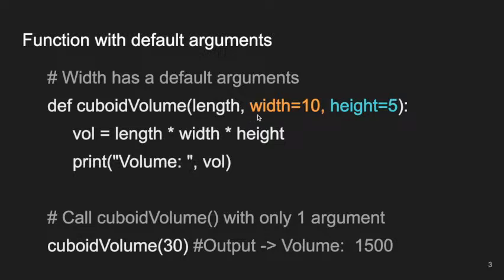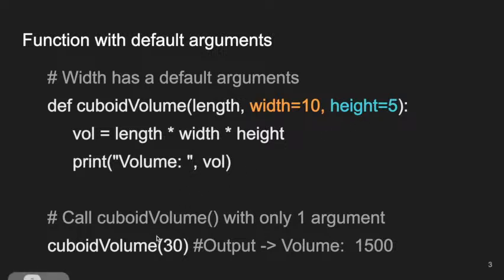So you will not put width equals 10, then length, then height equals 5, or width equals 10, height equals 5, then length at the end. No, you want the non-default ones on your left, and the default ones on your right. This function cuboid volume is going to calculate the volume of a cuboid shape, and it will use the length. We've set the default width to 10 and the default height to 5.